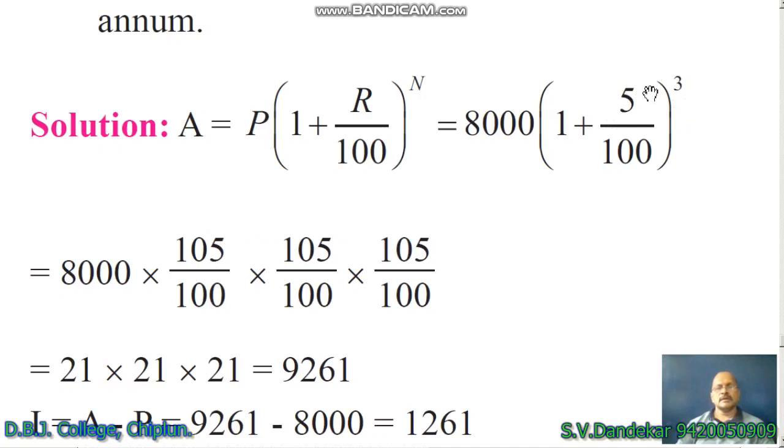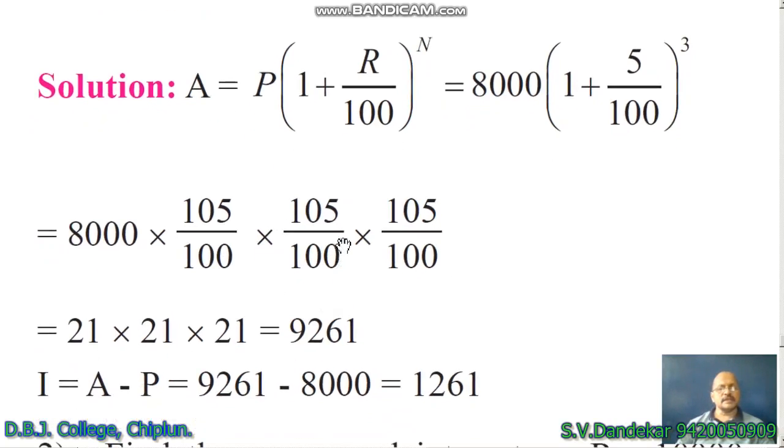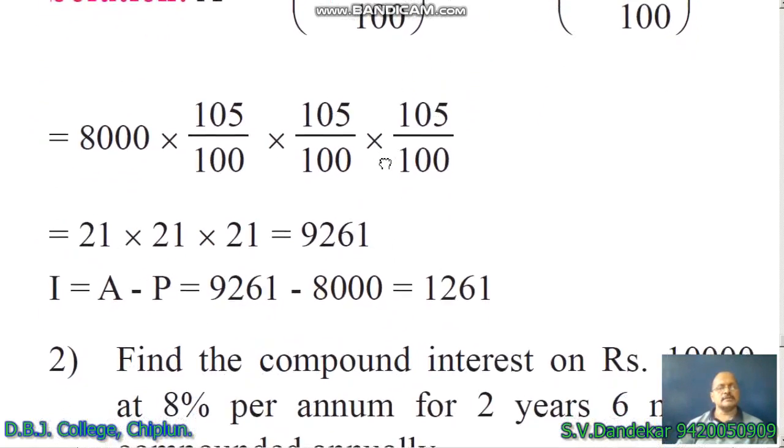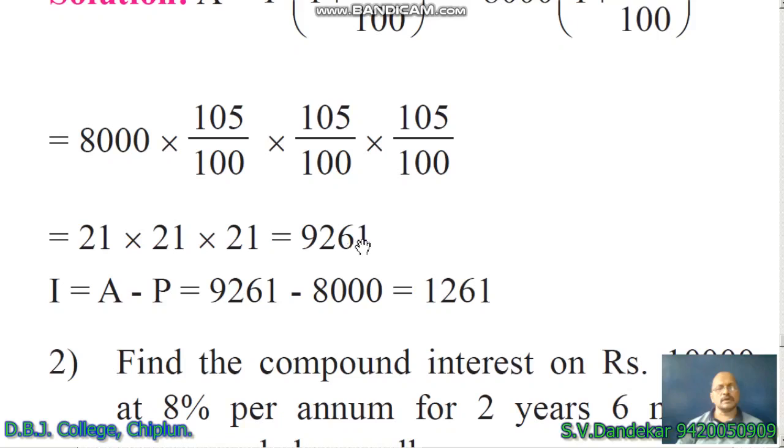This is 3 times, so 105 upon 100 cube I have written like this, and after the necessary calculations the answer comes out 9,261.